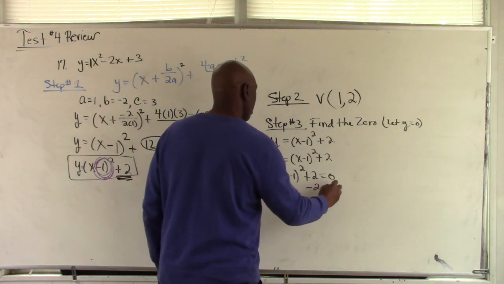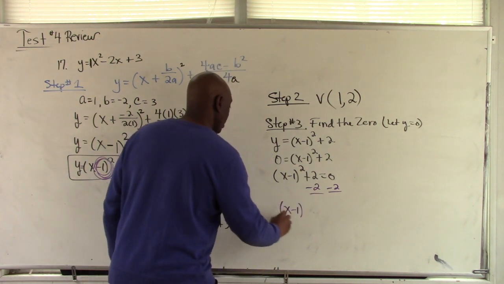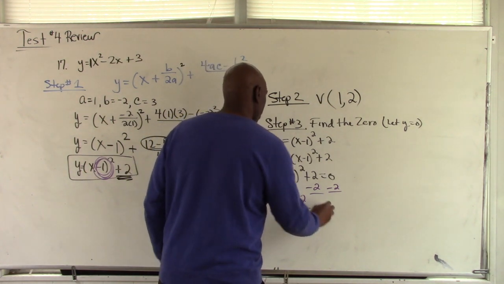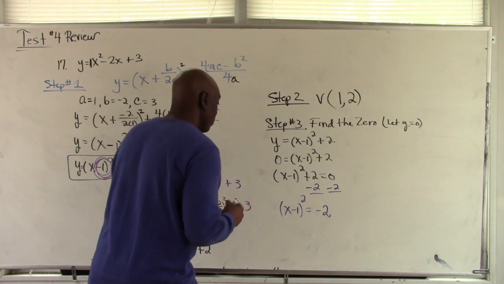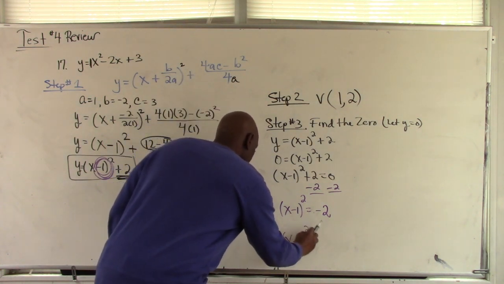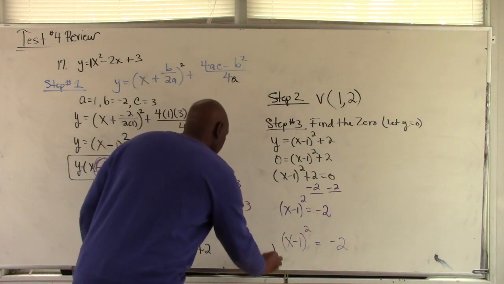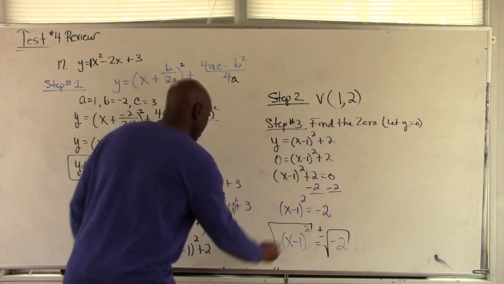We're going to get x minus 1 squared equals negative 2. Square root method, so write it again. Square root the left side, plus or minus square root the right side.